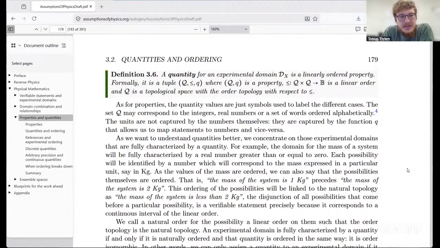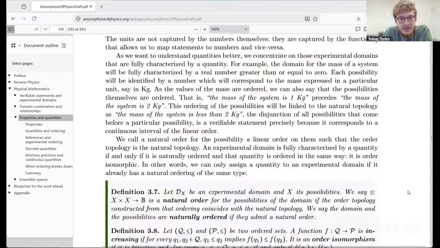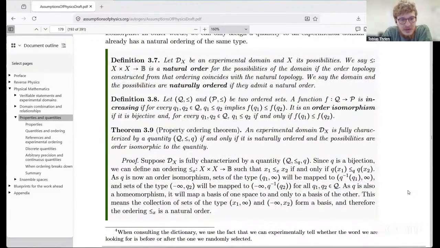As for properties, the quantity values are just symbols used to label the different cases. The set Q may correspond to the integers, real numbers, or a set of words ordered alphabetically. There's a footnote. When consulting the dictionary, we use the fact that we can experimentally tell whether the word we're looking for is before or after the one we randomly selected.